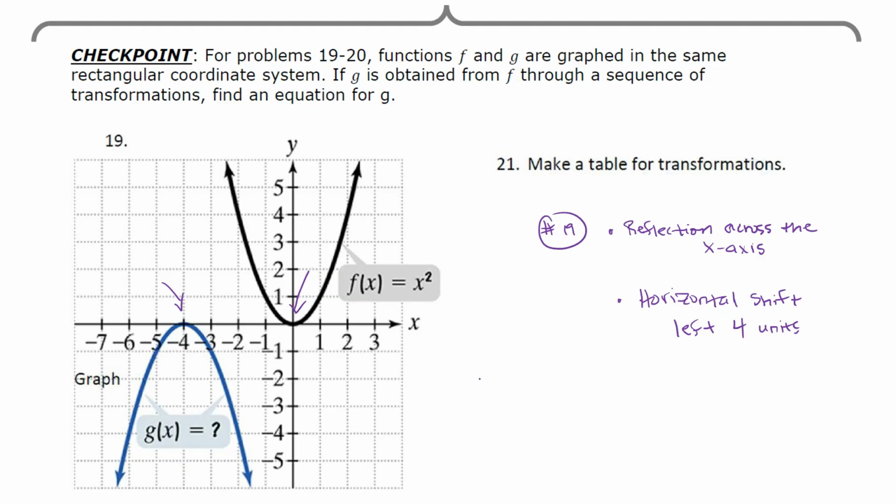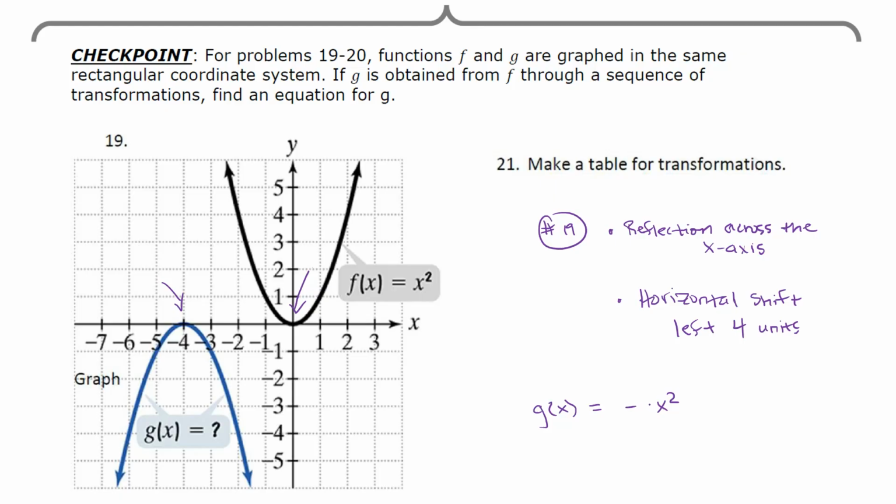So to write the equation of g of x, I'm first going to start off with my parent function here, x squared. Now I need to apply the transformations. Well, if I am being reflected across the x-axis, I know I'm going to have a negative on the outside of f of x.